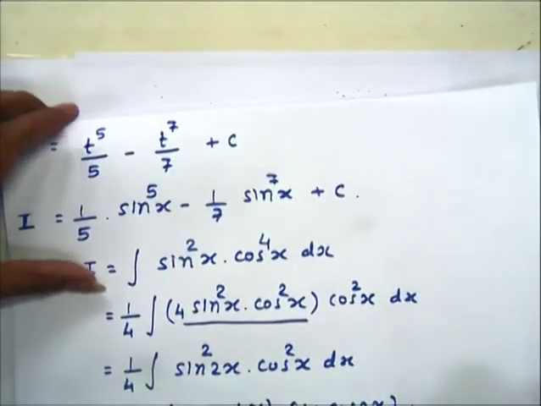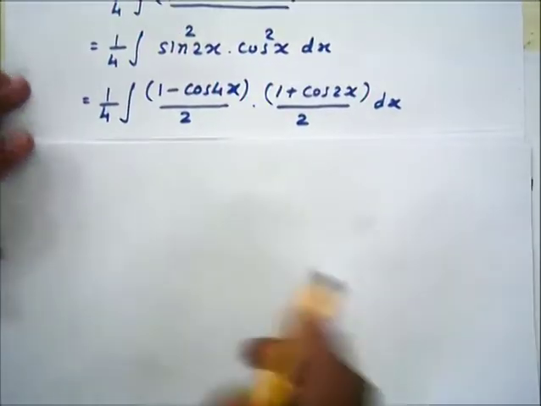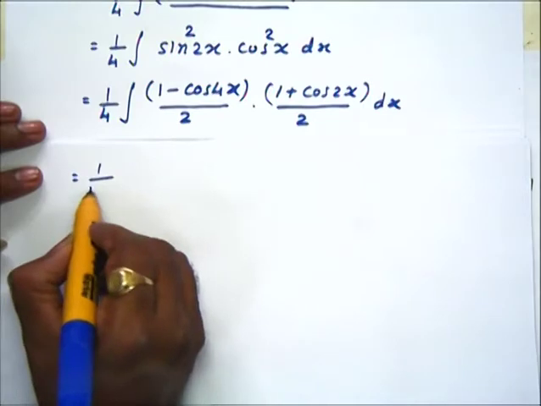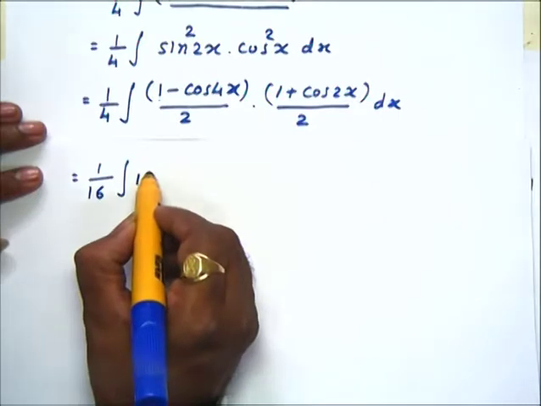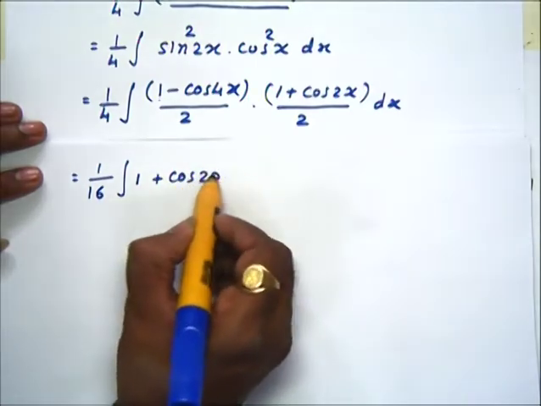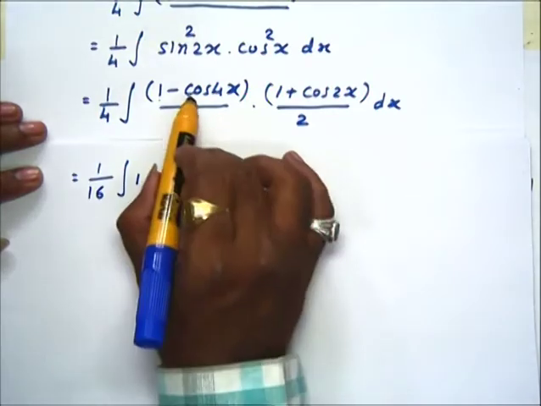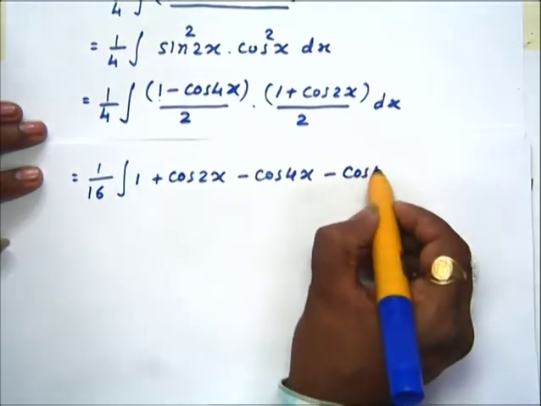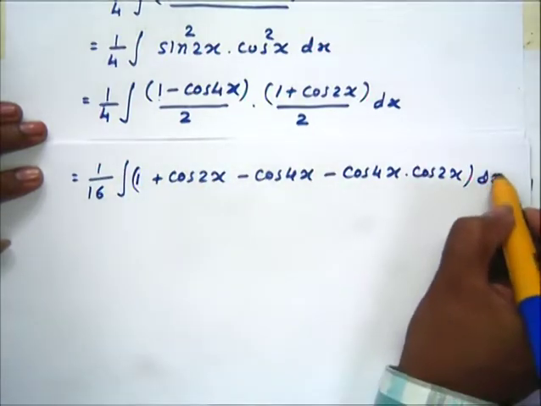Now this is 2 into 2 is 4, 4 into 4 is 16, so 1 upon 16 integration. Expand this: 1 into 1 is 1, 1 into plus cos 2x is plus cos 2x, minus cos 4x into 1 is minus cos 4x, and minus cos 4x into plus cos 2x, so minus cos 4x into cos 2x dx.